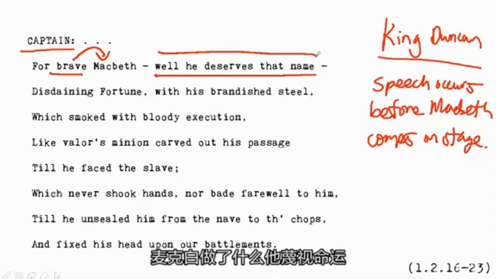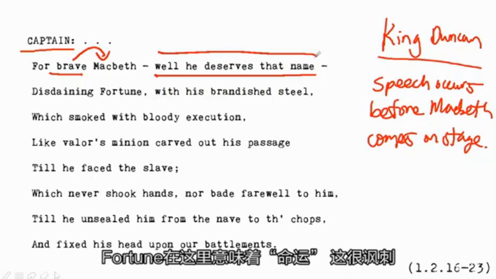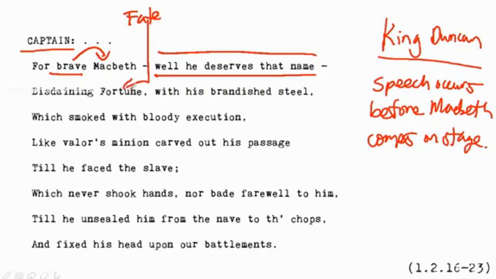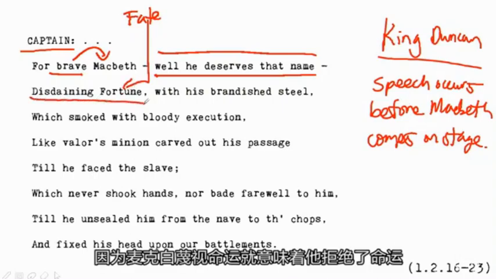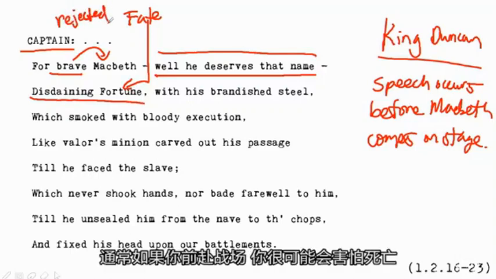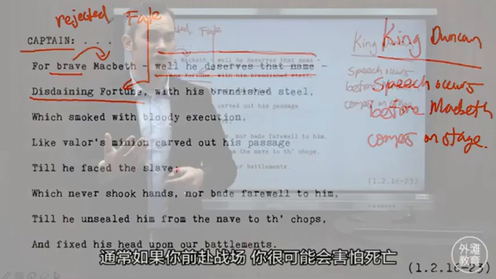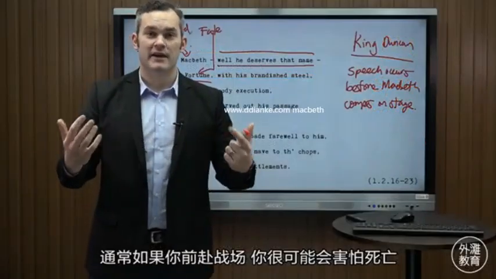What did Macbeth do? Well, he disdained fortune. Fortune here means fate. This is ironic, by the way. For Macbeth to disdain fortune means that he rejected fate. What does that mean? Well, normally, if you were going to enter a battle, you would probably be afraid of dying.